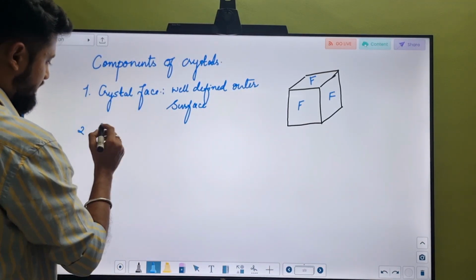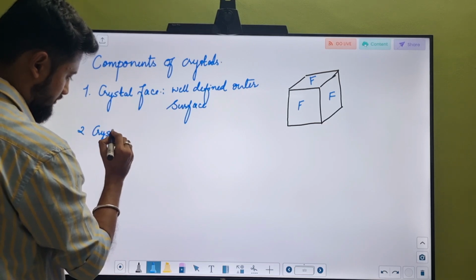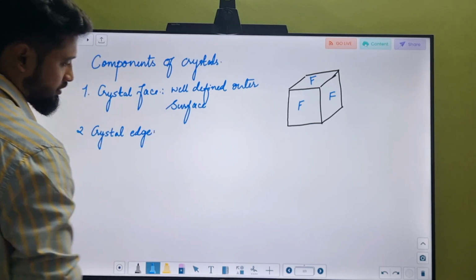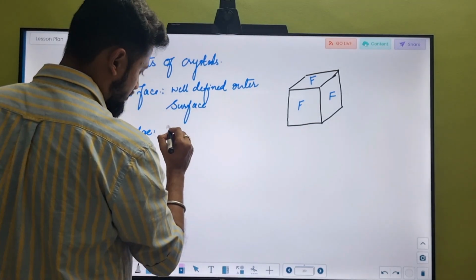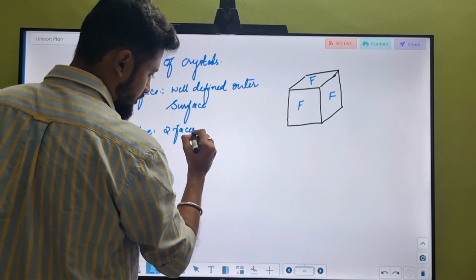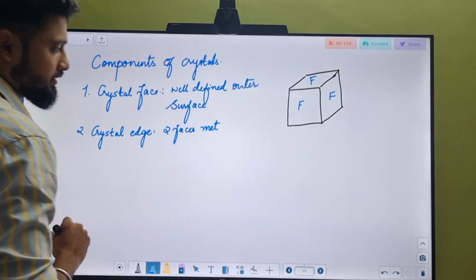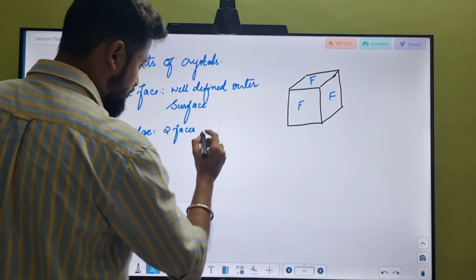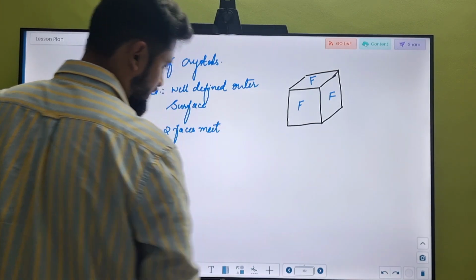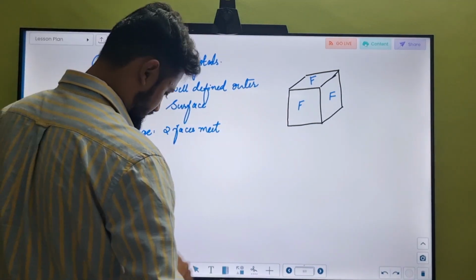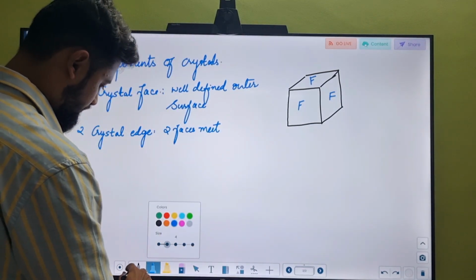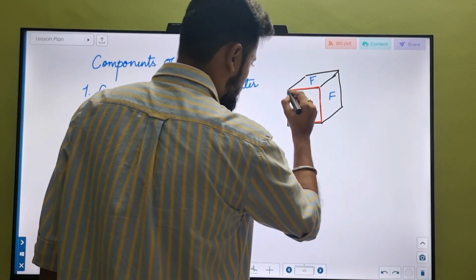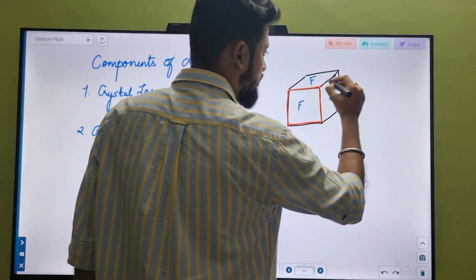Yes, second one, that is the crystal edge. Crystal edge is nothing but where two faces meet, so that part is called the crystal edge. In case you see here, this is one crystal face, and this is one more crystal face.